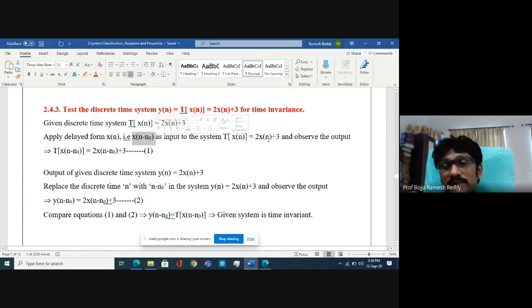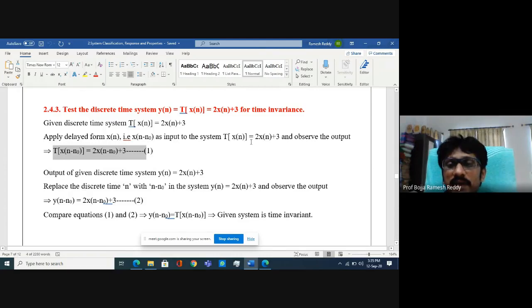Now observe the output. Replace x of n with x of n minus n naught. What will we get? Transformation of x of n minus n naught is equal to 2 times x of n minus n naught plus 3.